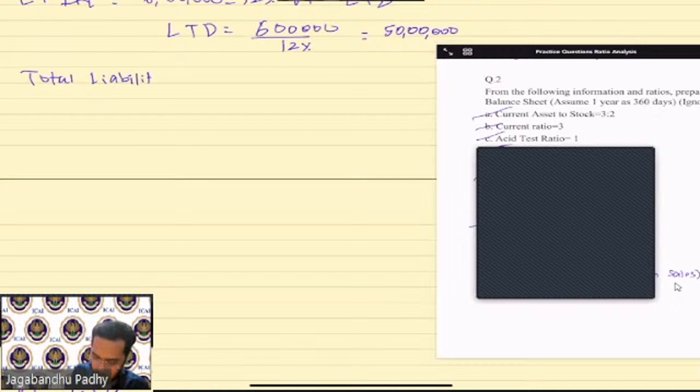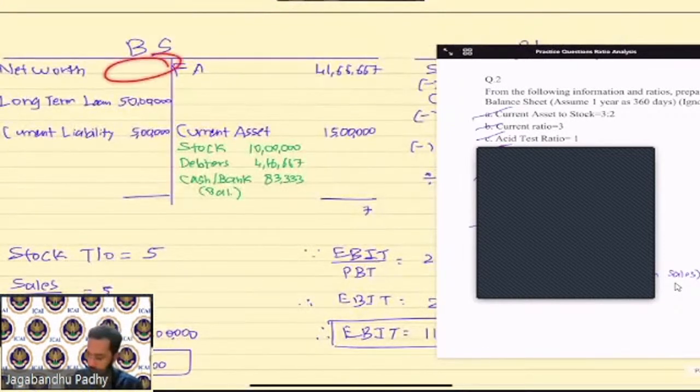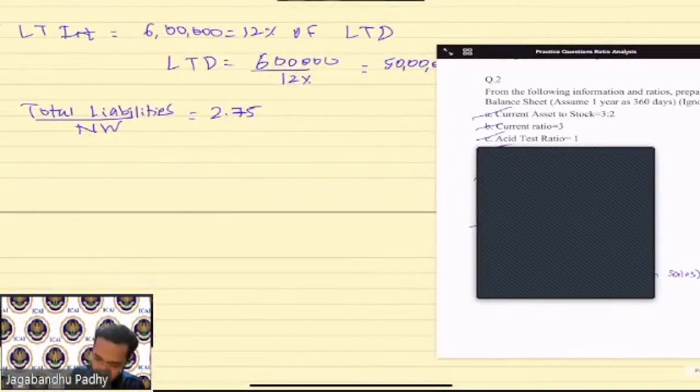But we know that total liabilities to net worth is given as 2.75. If you take 1,66,000 as a balancing figure, then this ratio doesn't match. Total liabilities to net worth should be 2.75. Now total liabilities will be net worth plus long-term debt plus current liability upon net worth of 2.75.